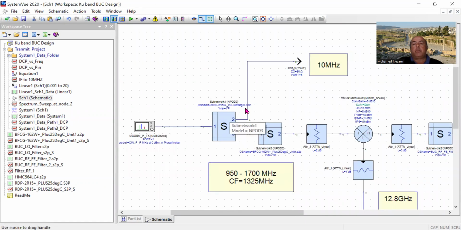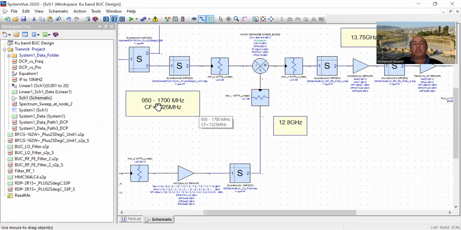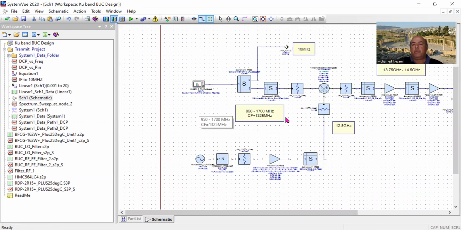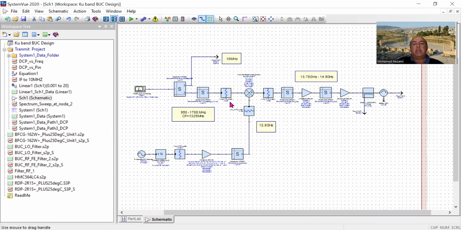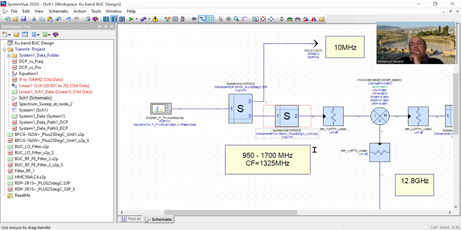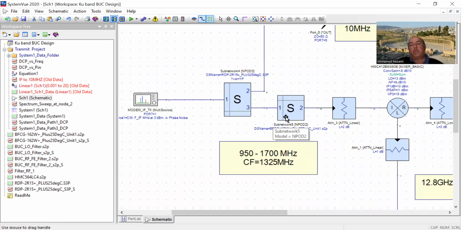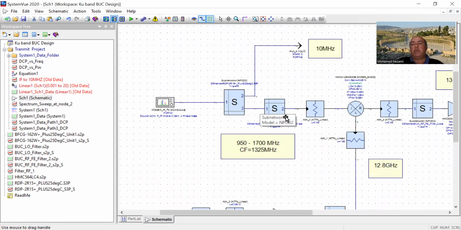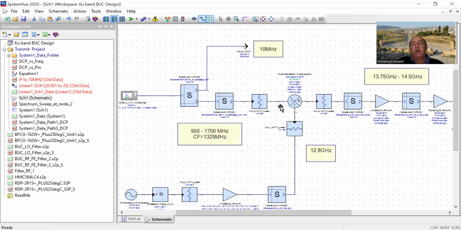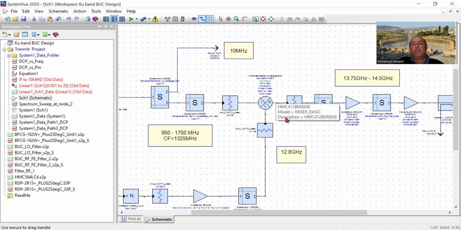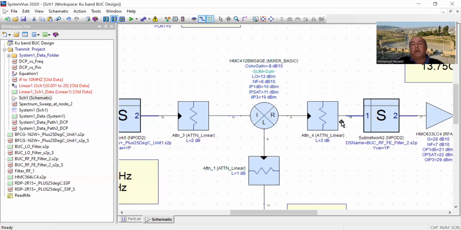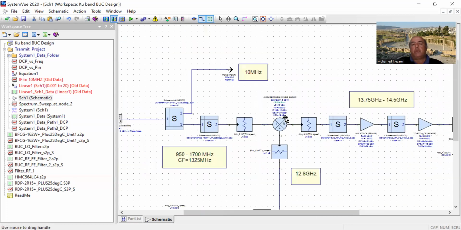That duplexer splits off, one branch is a low pass filter that passes the 10 megahertz, and the other path is what passes the IF signal, which is 950 to 1700 megahertz. So we don't need any amplification in here. We go straight. We use a ceramic filter, also from Mini-Circuits, surface mount. These are all surface mount devices.